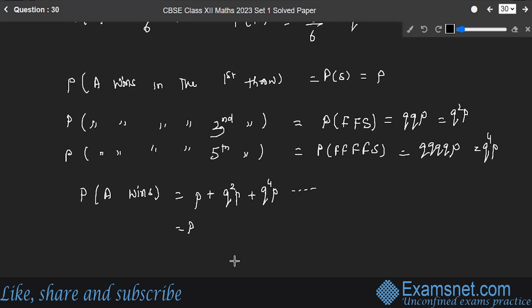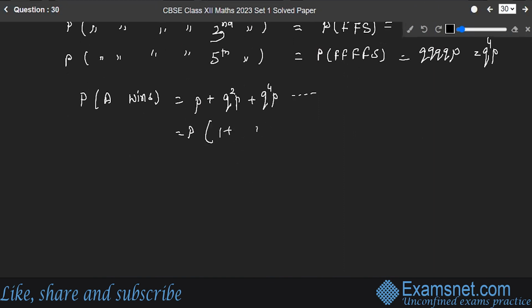I'll take P common. This will be P times 1 plus Q squared plus Q raised to power 4, and so on. So now this is a GP, where the first term is 1, and first term is not 1, first term is P. Okay. First term is P and the common ratio is equal to Q squared.